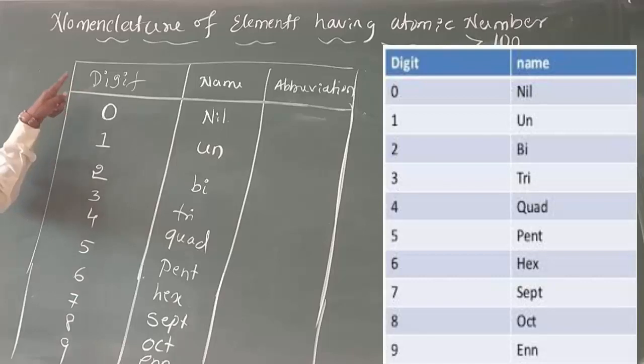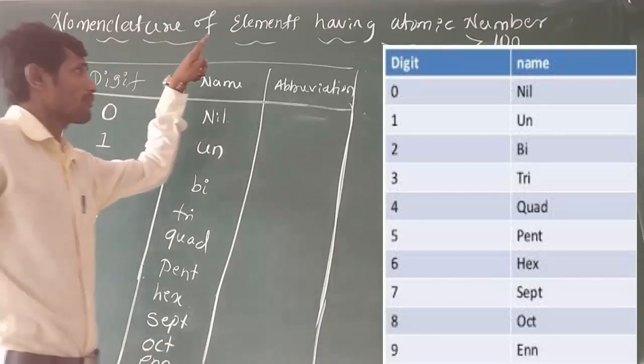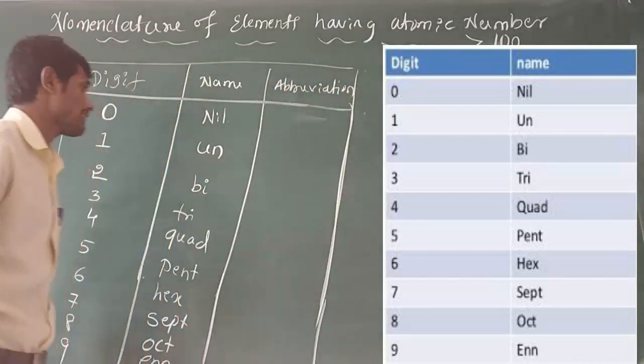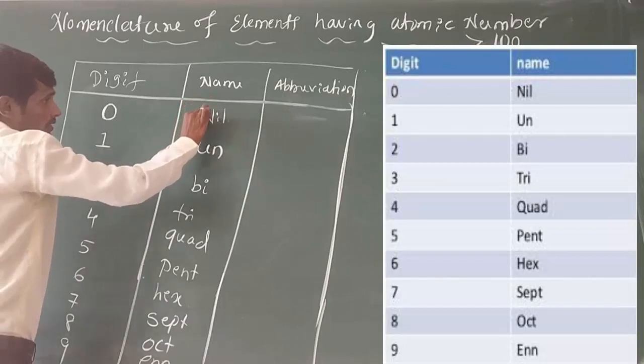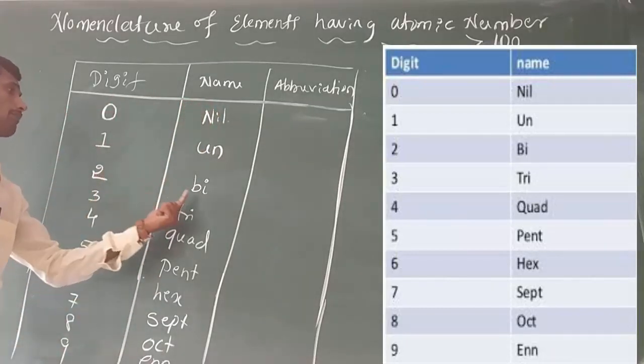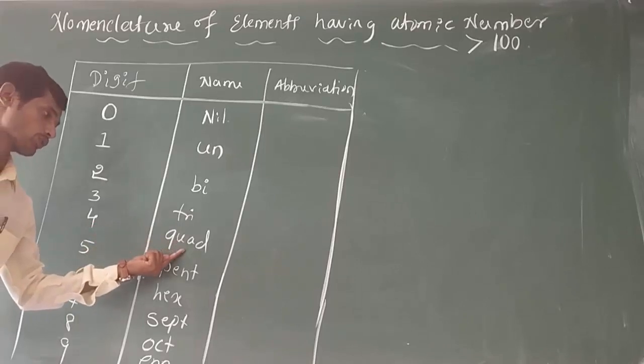Students, while writing the nomenclature of elements which have atomic number greater than 100, use the words nil if it contains 0, un if it contains 1, bi if it contains 2. If 3 is present, use tri. If 4 is present, use quad.